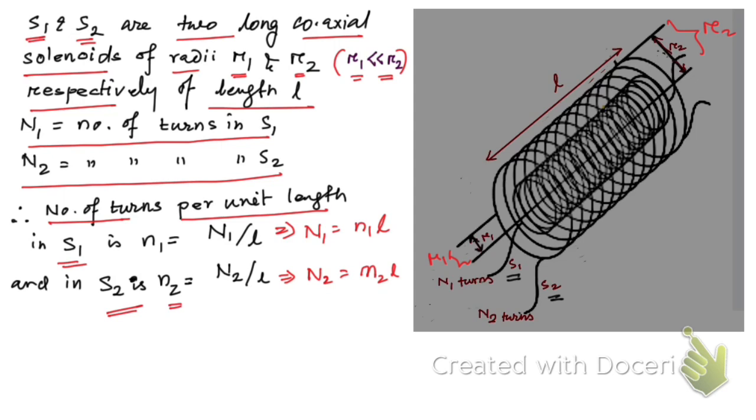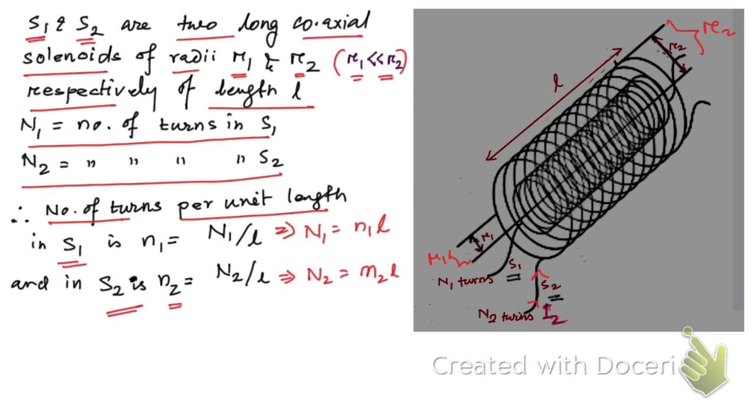Now you see the magnetic flux linked with S1, this inner solenoid, due to the current in S2. That means the magnetic flux linked with S1, which is the inner solenoid, due to the current I2 in S2. So I have taken the current in S2 as I2. Okay, hope you have understood this.